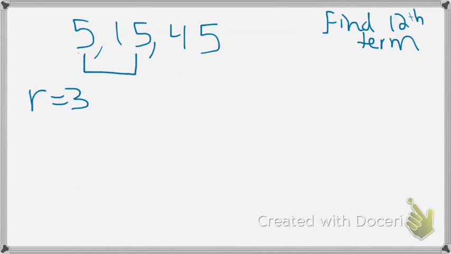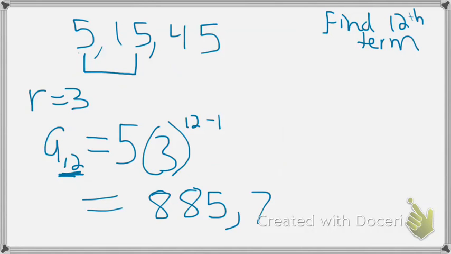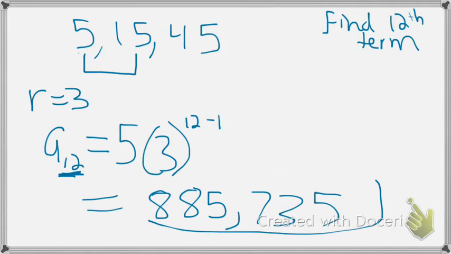And since we got that, we can go by the equation a sub 12, because that's our n, equals 5 times 3 to the n minus 1, so 12 minus 1. And after doing a bunch of calculations, we get 885,735.